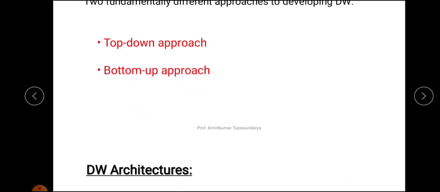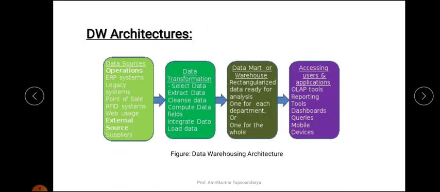Now we'll understand the data warehousing architecture. What are the different architectures for the data warehouse? Here you can see a diagram for data warehouse architecture. We have data sources, data transformation, data mart or data warehouse, and then accessing users and applications, which consist of sub-topics, subsystems you can say, under this architecture: operations, then external sources, and so on.